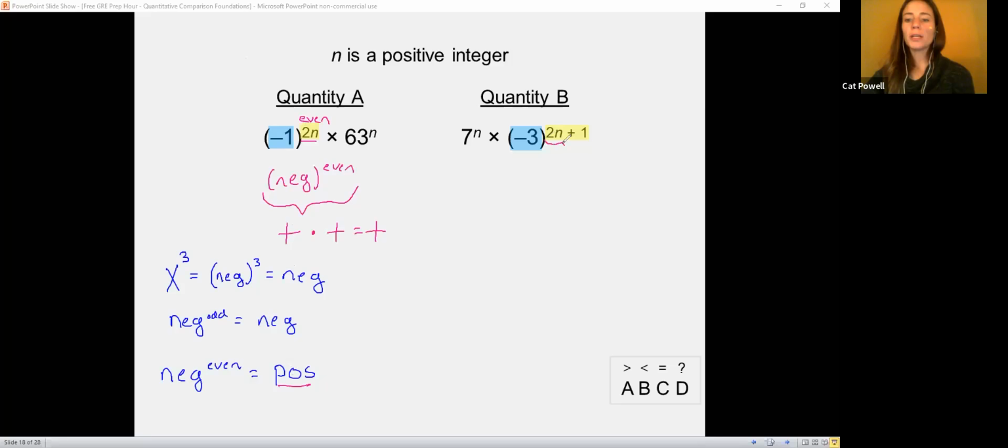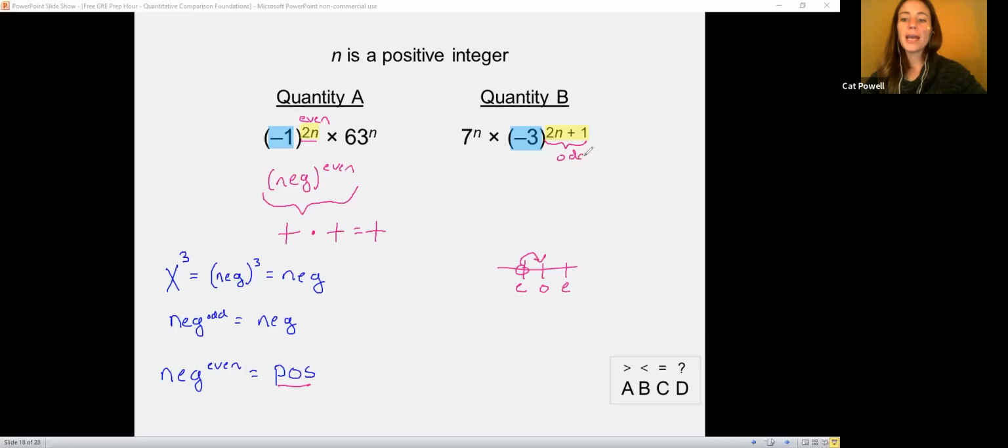Now, what about quantity B? 2n plus 1. If 2n is even, 2n plus 1 is going to be, yeah. Evens and odds alternate on a number line. So if I start with an even and I shift 1 up, I'm going to get an odd.